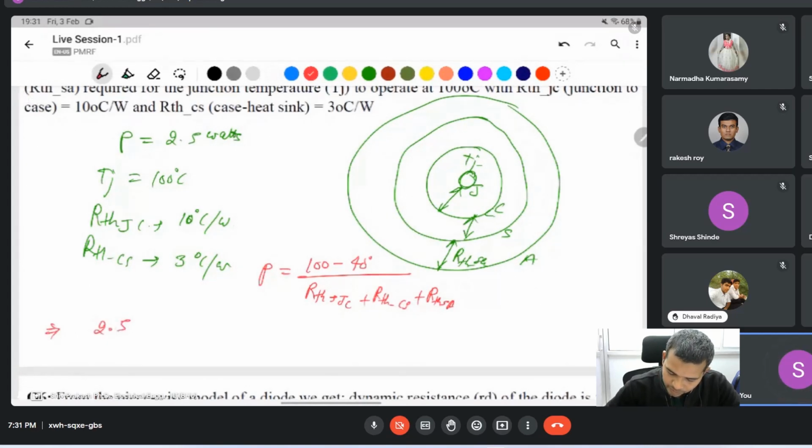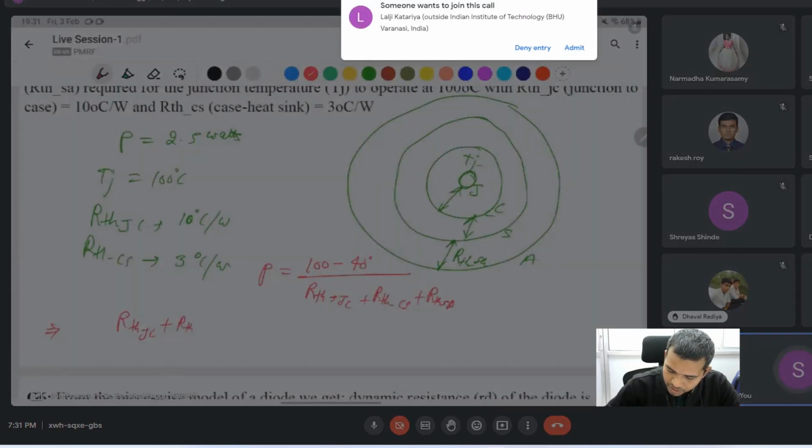With P of 2.5, this can also be written as RTH JC plus RTH CS plus RTH SA is equal to 60 divided by 2.5.